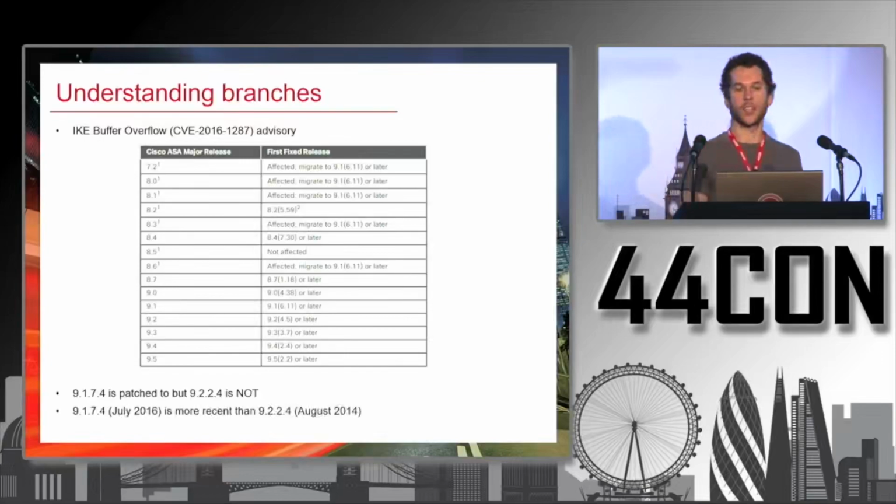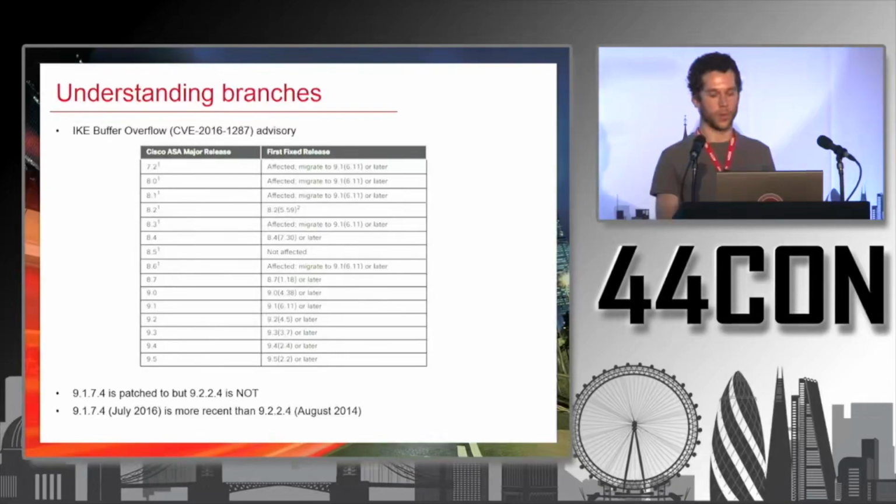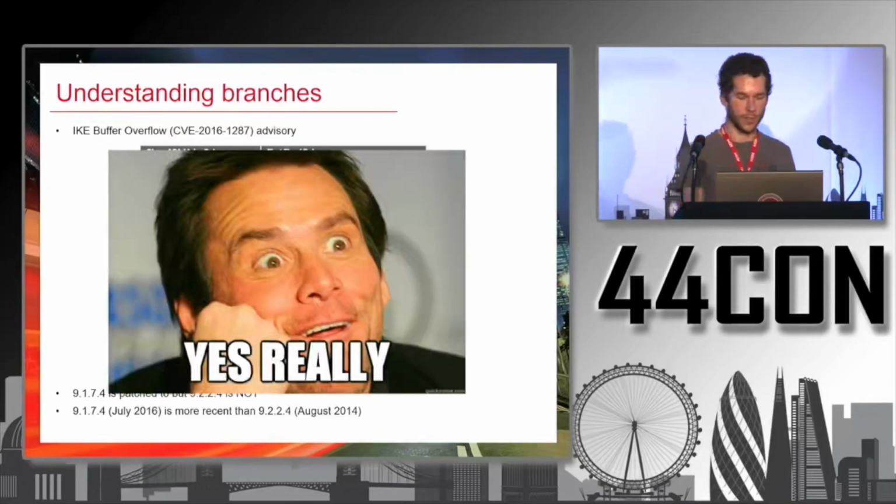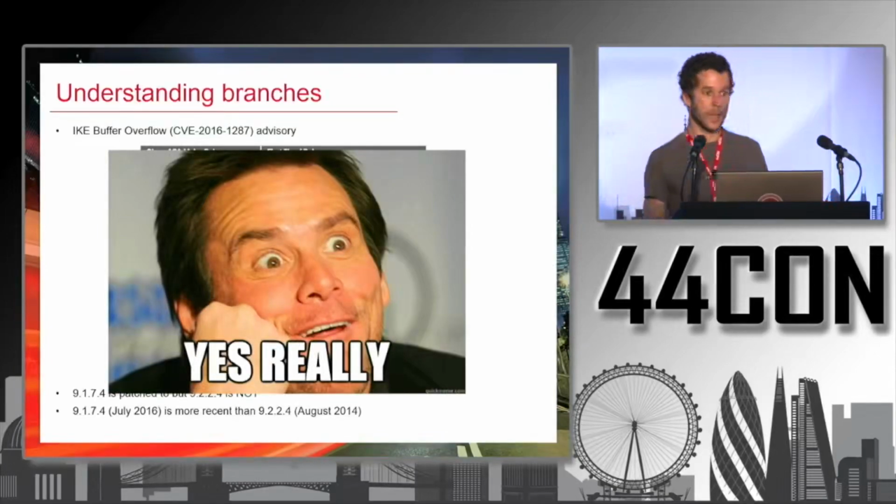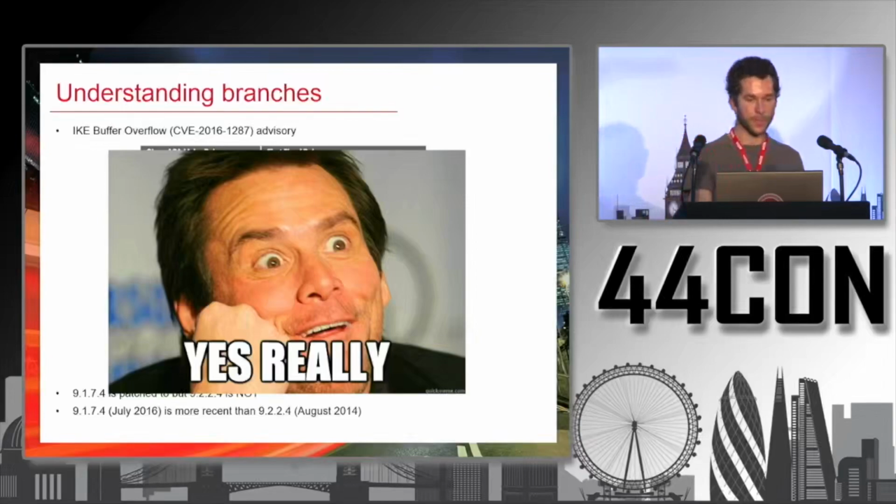Actually, if you look at the actual releases, it makes sense, because 9.1.7.4, even though it's a 9.1 and the other one's a 9.2, is two years apart. So it's easy once you know, but it can be confusing if you don't.